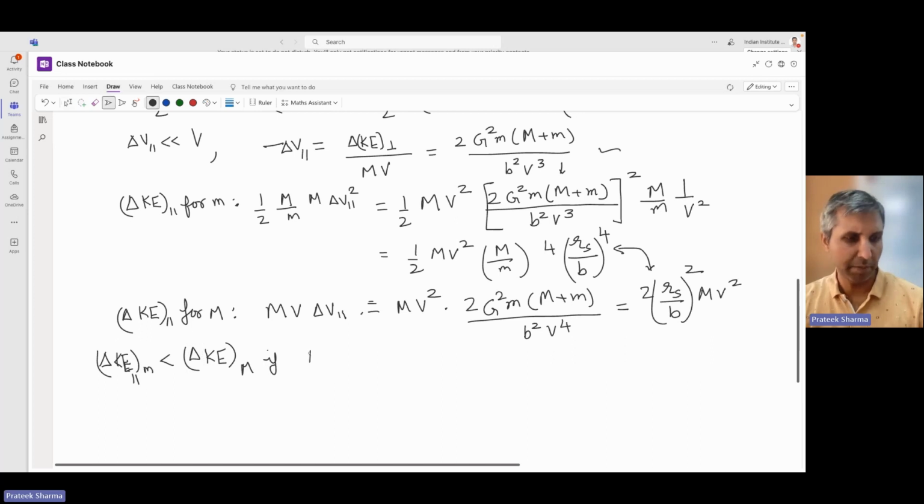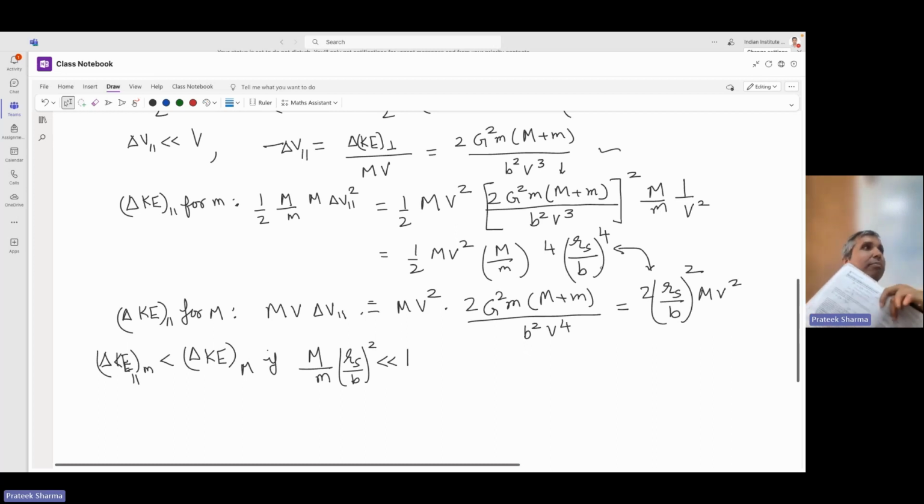If capital M by m times Rs by B squared is much less than 1. I'm just saying this is much bigger than that. And this is valid when Rs is small compared to B, or B is larger than your Rs. Okay.